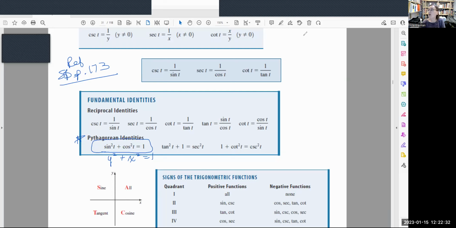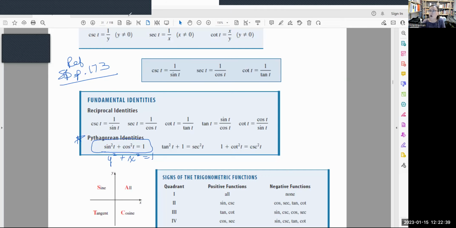There are two more of these that we use that you can memorize or you could actually derive them. This is kind of a cool little thing that not a lot of people have necessarily noticed where this comes from. What if I was to divide my sine by a cosine?